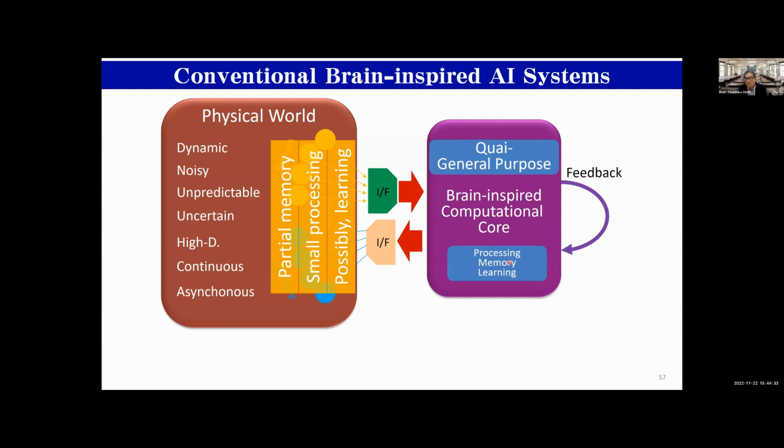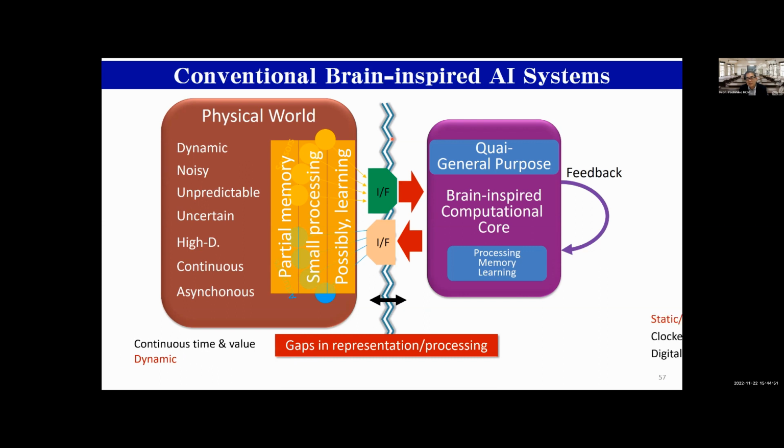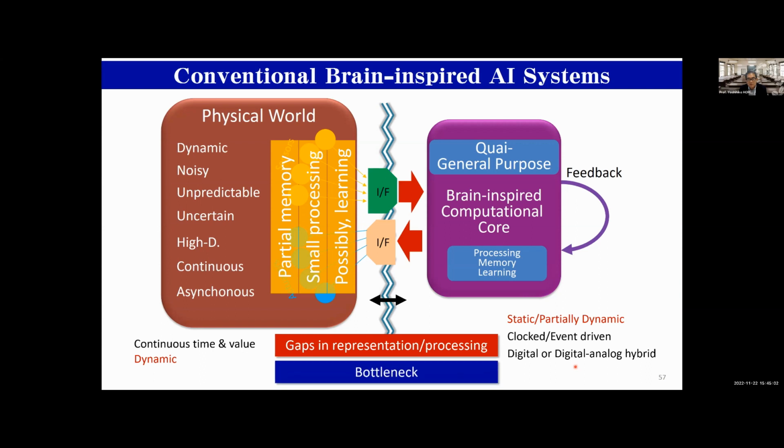Processing, memory, and learning are implemented, but usually separate. The interface between those may not be restricted to only AD and DA converters, but there's still a gap between them in representation and also in process, even though this side is changed. So there's still a narrow bottleneck.